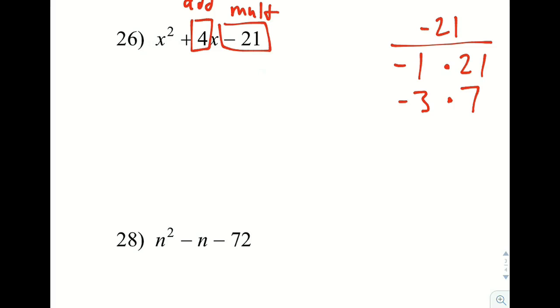And which of these is going to now add to 4? Negative 1 and 21 make 20. Negative 3 and 7 make 4. So I don't need to flip any signs here. If my number had been negative 4, I would have flipped the signs to be positive 3 and negative 7, but that's not the case here.